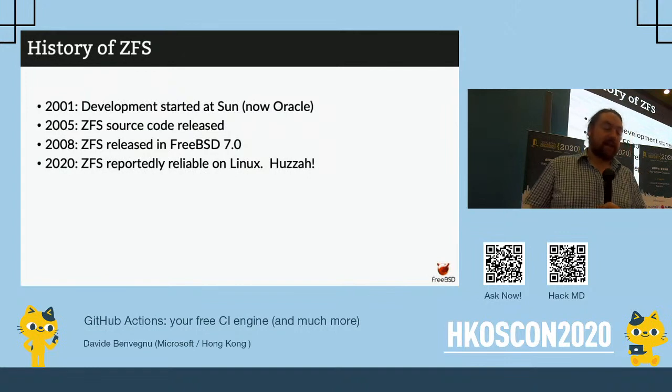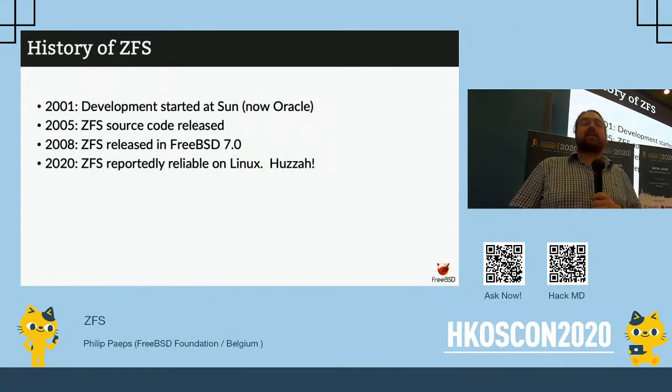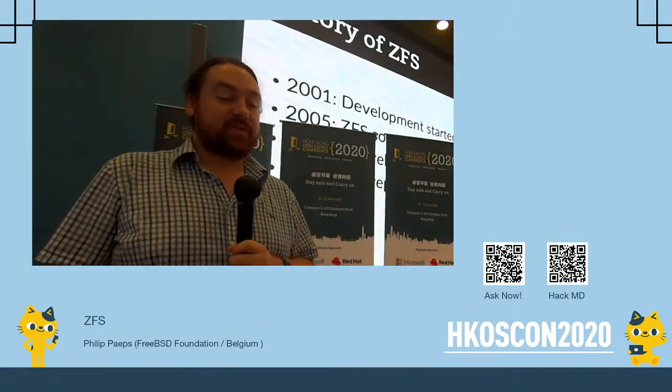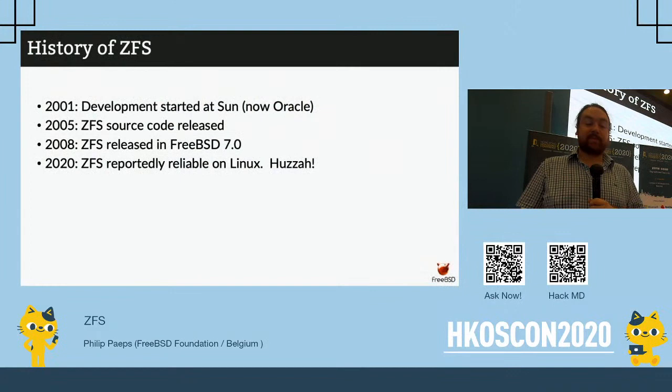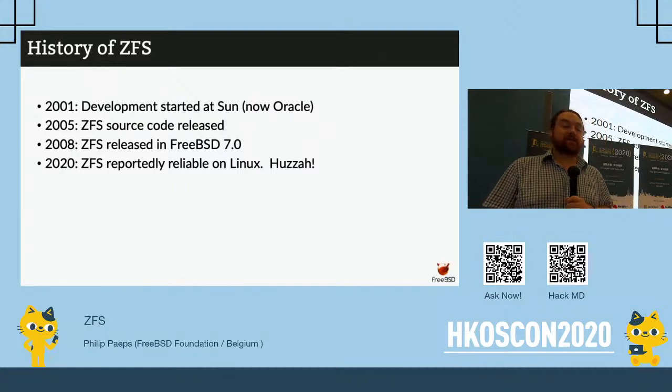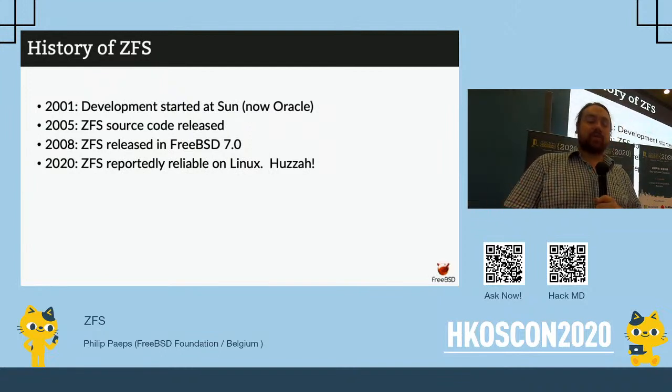And the last line of this slide keeps changing. Currently, ZFS is reported to work reliably on Linux as well. So if you don't have access to a FreeBSD machine for whatever reason, you should just go and install FreeBSD. But if you don't want to do that, you can do all of these things on Linux as well using ZFS on Linux, or as it's now known, OpenZFS. This is now supported in many distributions.